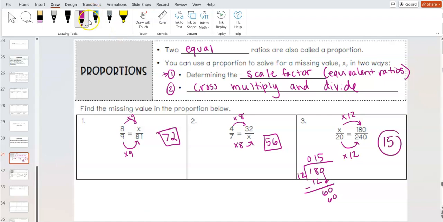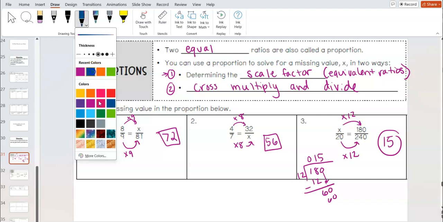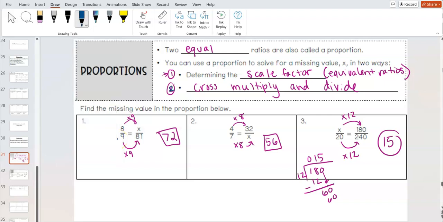Now, on all of these problems, if I wanted to do the second method and cross multiply and divide, I would just multiply diagonally the two numbers that are there, and then divide by the third number. So I'm going to end up doing 8 times 81 divided by 9, and that's also going to get me 72.